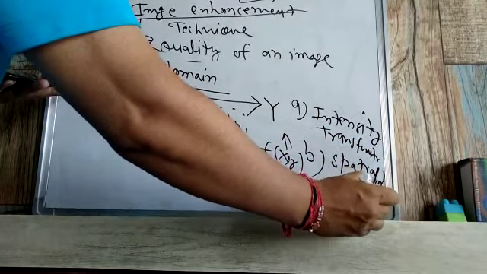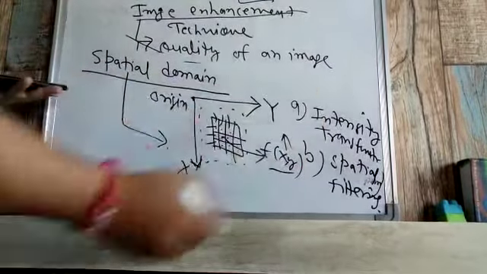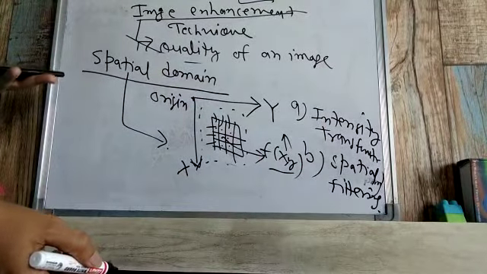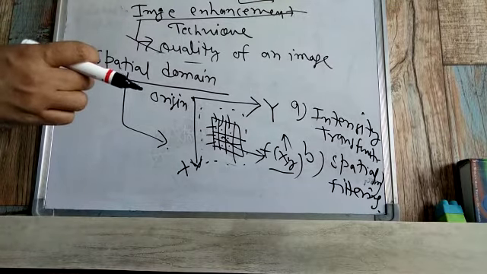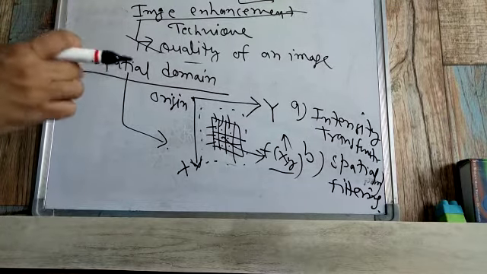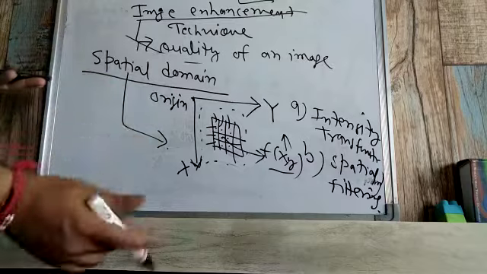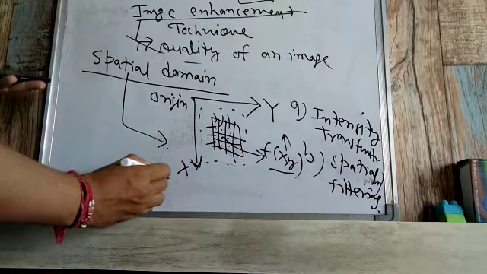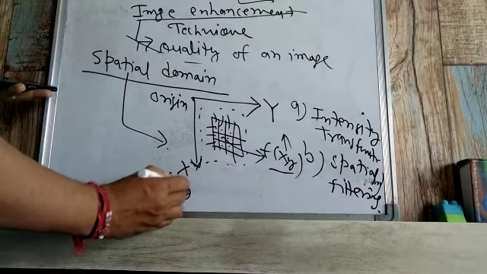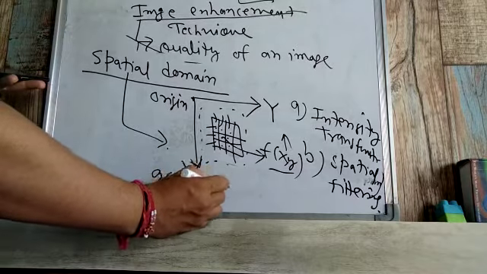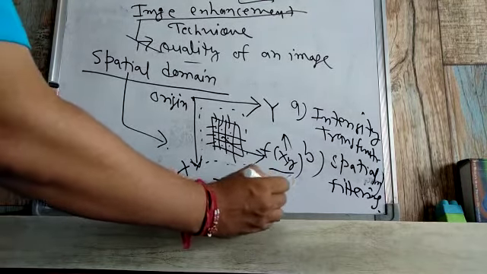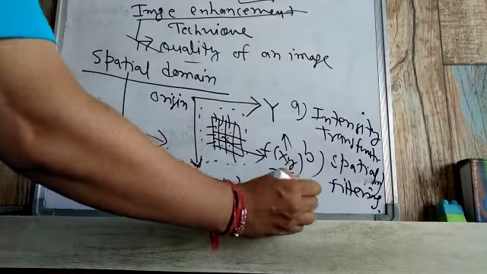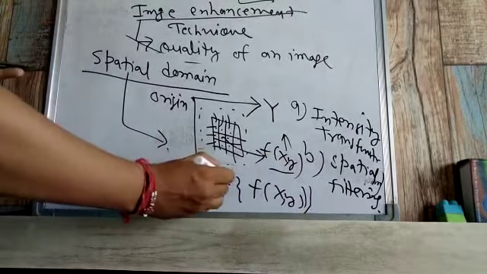Two points are important here: intensity transformation, how do we do it, and then how to apply a filter. The basic thing mathematically, if you want to see, is that we are getting g(x,y) if we are applying one operator, let's say T, over the function f(x,y). This is a very important point.